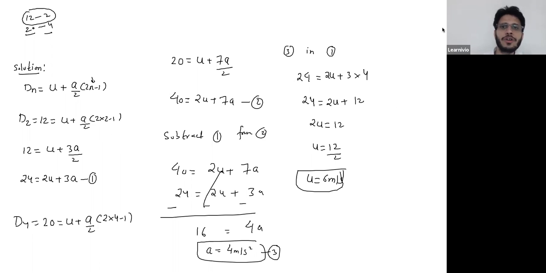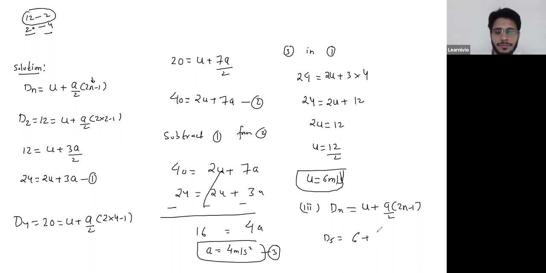Now once you have your initial velocity and acceleration, you can calculate the displacement covered in the 5th second, right? dn is u plus a by 2 into 2n minus 1. Sania, how would you calculate the displacement covered in the 5th second? For d5, just mention the values. U is 6, right?